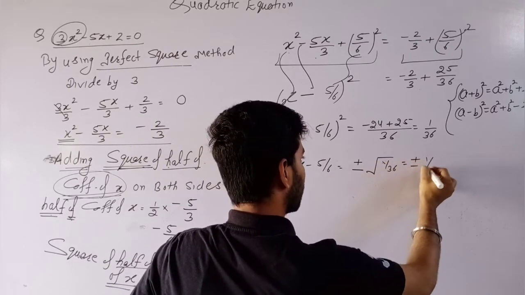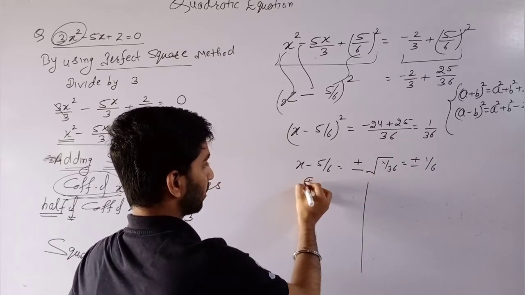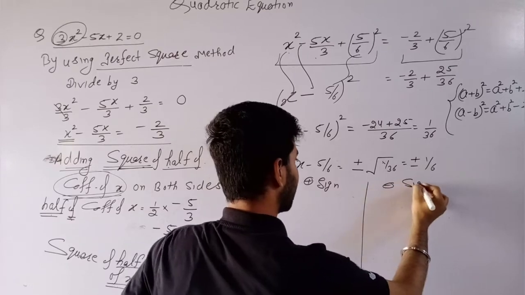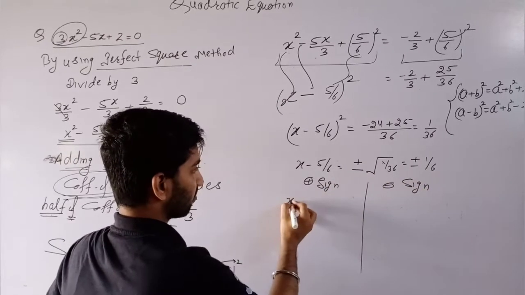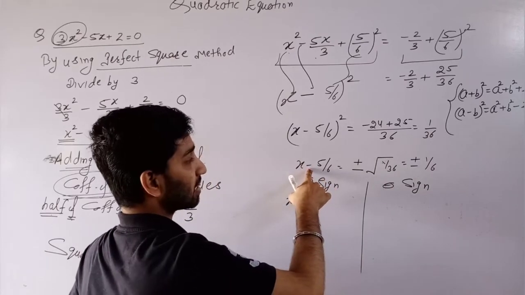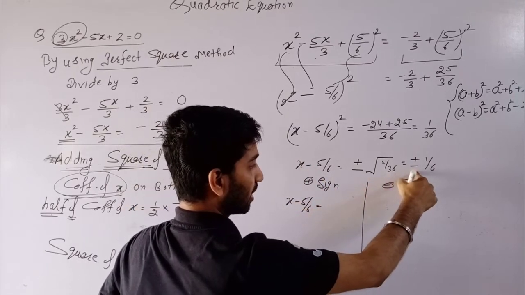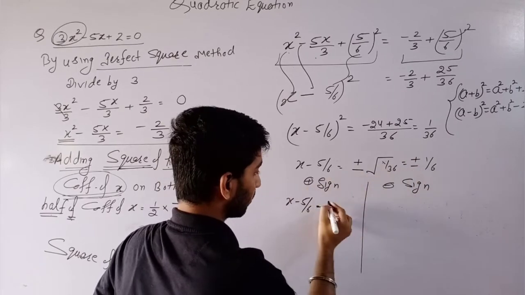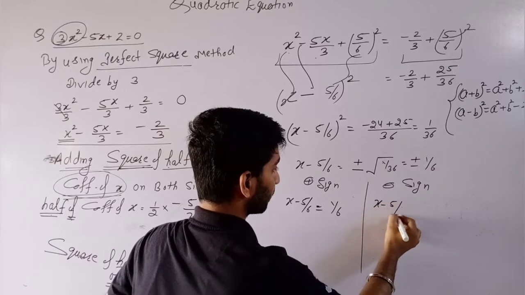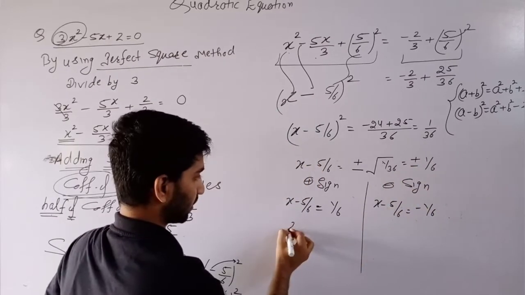Root of 1 is 1 and root of 36 is 6. So here we get two answers, by taking the positive sign and by taking the negative sign. With the positive sign we get 1 by 6, and with the negative sign minus 1 by 6.